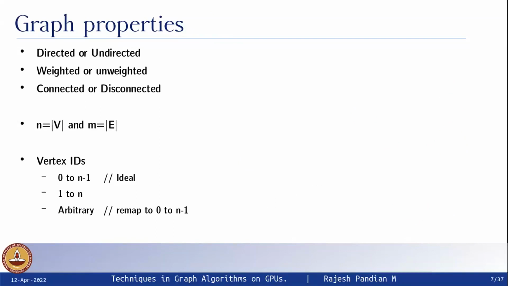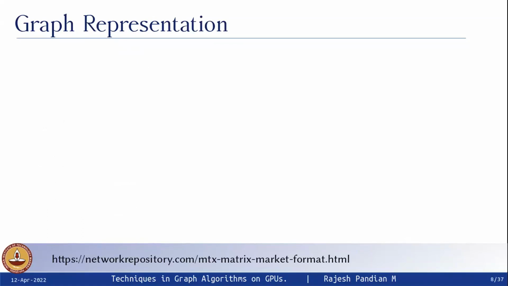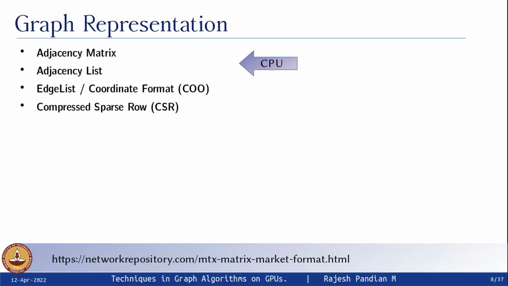But in general, real world graphs will not have such vertex IDs. They might be arbitrary, or might be one off. So we have to remap to 0 to n minus 1 so that our processing is faster. These are the basic graph representations that we have learned for serial CPU computation: the adjacency matrix and adjacency list, both very well explored in the CPU setting.